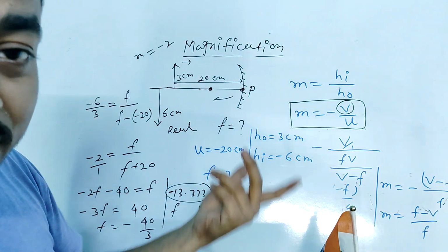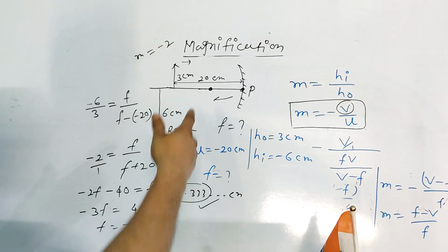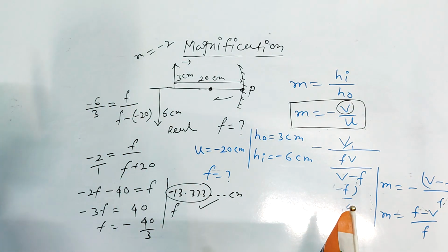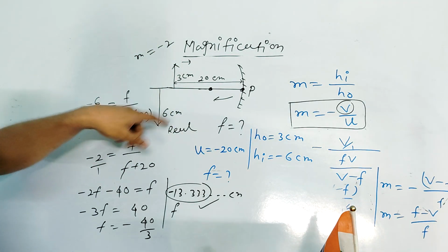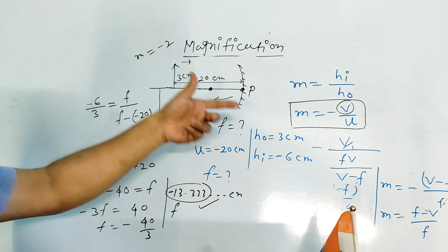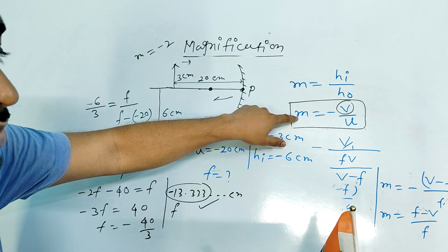Then you can find v easily. Is it clear? They can ask another question to find the image distance from the pole. Magnification is 6 by 3, which is 2, but real, or if you consider the sign convention, you will get minus 2. Put m equal minus 2.